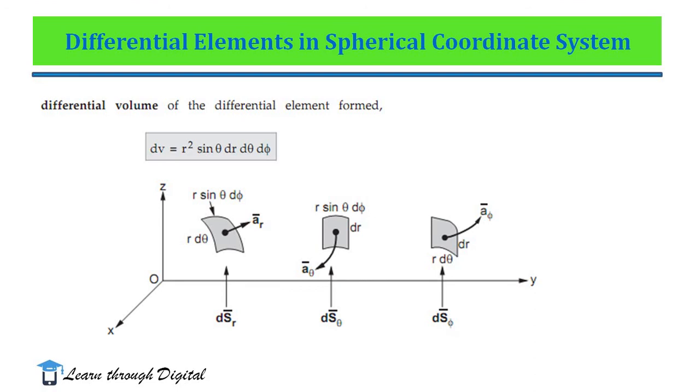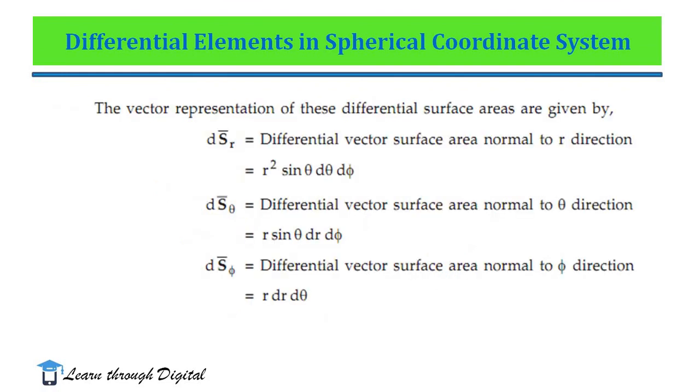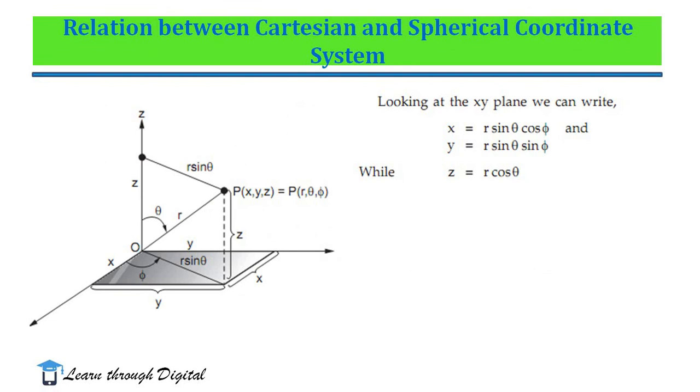That means r squared sin theta d theta d phi is the differential surface normal to the r direction. The differential surface normal to the theta direction, ds_theta vector, is r sin theta dr d phi. Similarly, the differential surface normal to the phi direction, ds_phi vector, is r dr d theta.